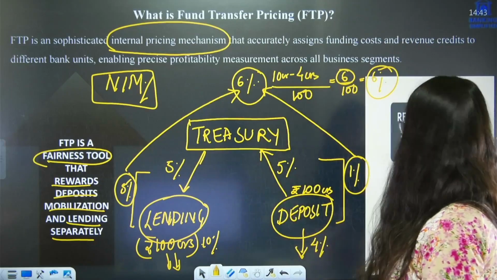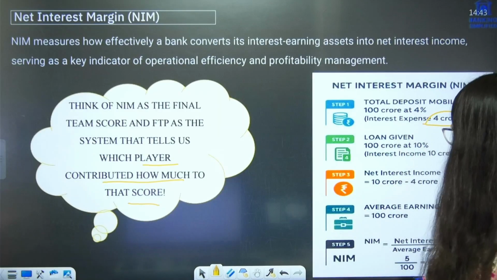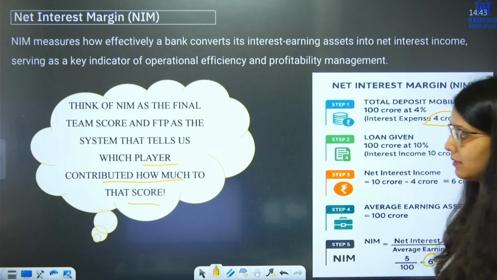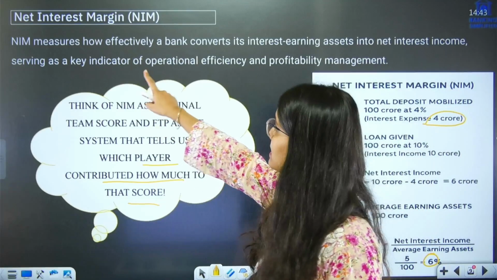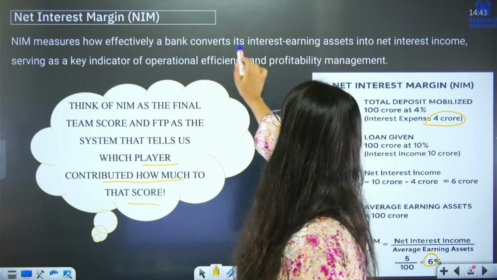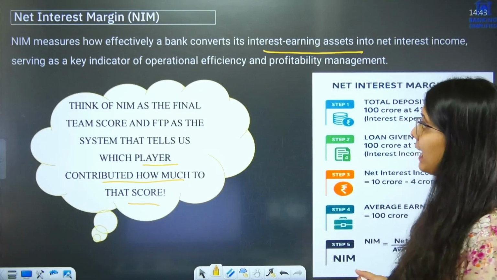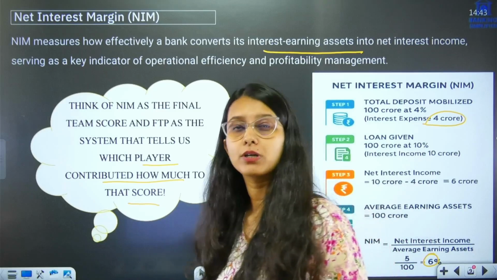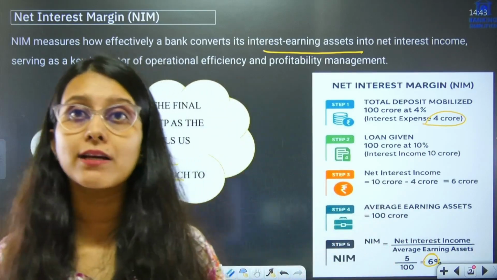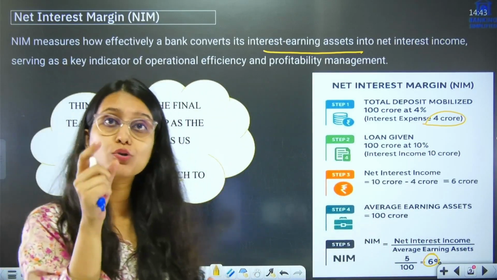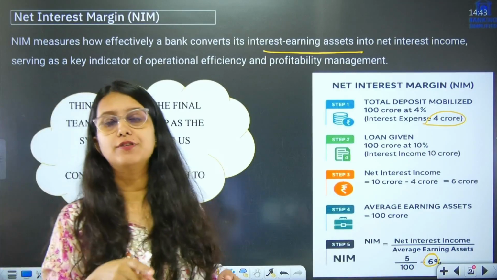So this is the concept of NIM that has been shown here. It measures how effectively a bank converts the interest earning assets into interest income. And it is actually a very important indicator. NIM for the bank is a very important indicator to show how operationally efficient your bank is.